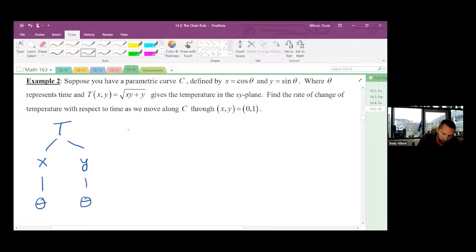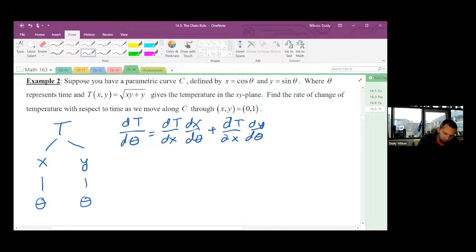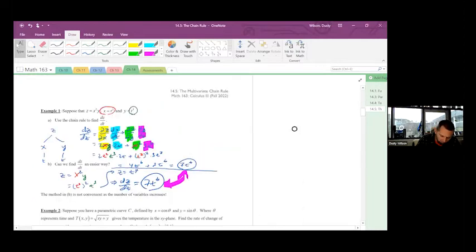Okay, so that tells us that dT/d theta equals dT/dx times dx/d theta, plus, oops, and some of these are partials, the partial of big T with respect to y times dy/d theta, like that. And these are partials. Let me check to make sure I did partials above. Yes, I did. Good.